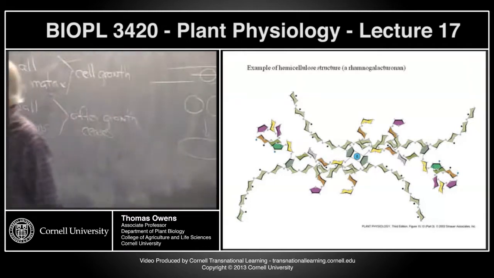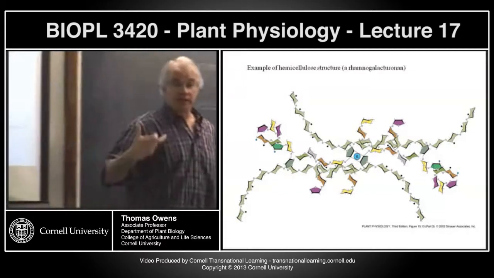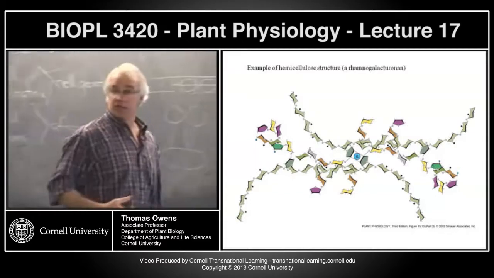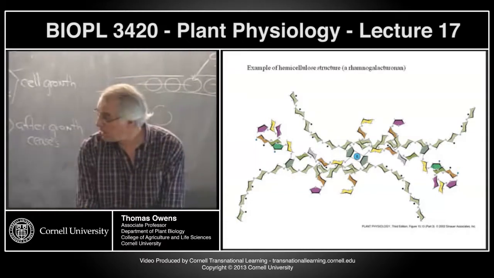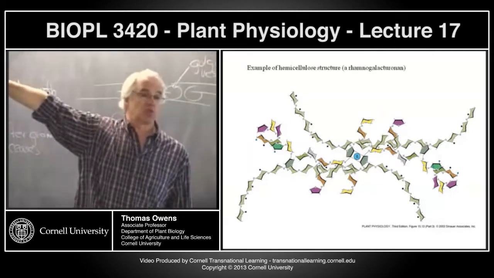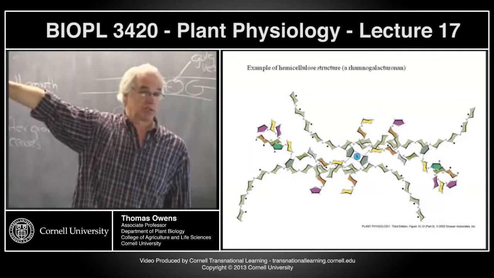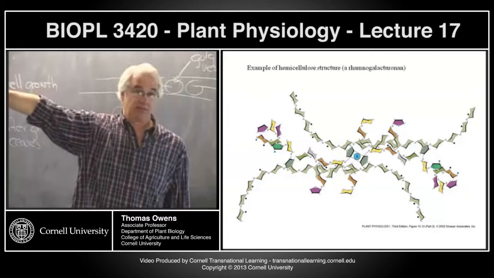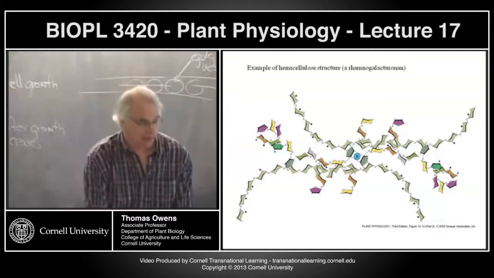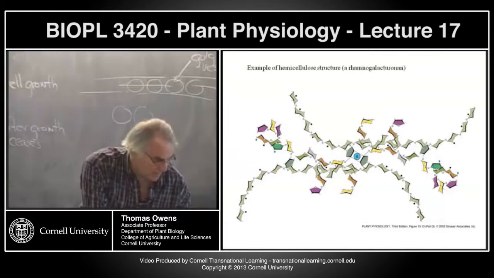So all the different colors represent different types of monosaccharides that are involved in making this polymer. And these can be 10s or 20s of monomers, or they can be tens of thousands of monomers, depending upon the type of hemicellulose we're talking about.